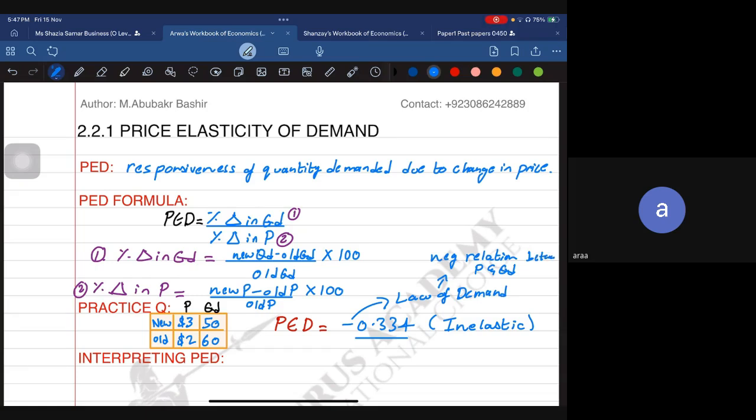Yes, sir. That's why there is a negative sign. You will never see a negative sign in price elasticity of supply. The only reason is that the law of supply says that there is a positive relationship between price and quantity supplied. So this is an important thing. You need to know that, right? Yes, sir.